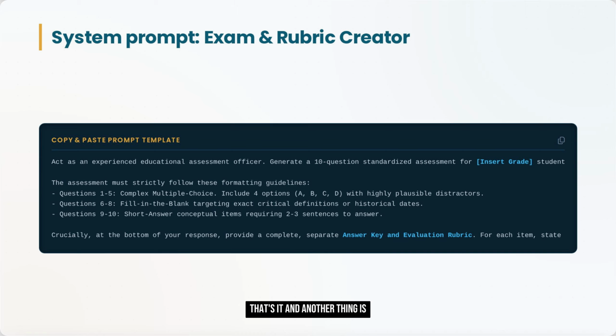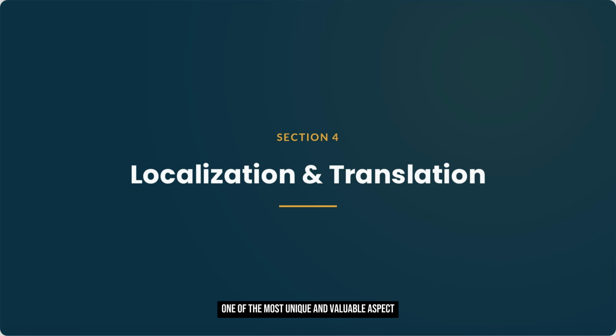Another thing is that one of the most unique and valuable aspects of utilizing AI within the Ethiopian educational ecosystem is its professional capability of bridging language barriers and localizing academic context. Many students struggle to grasp complex scientific or mathematical concepts when they are presented purely in an abstract foreign context.